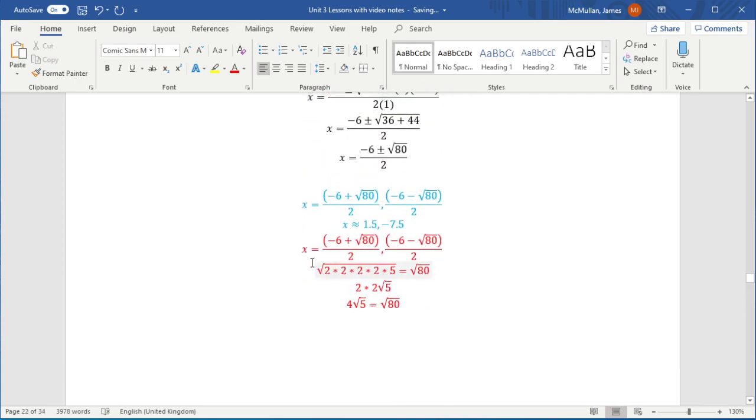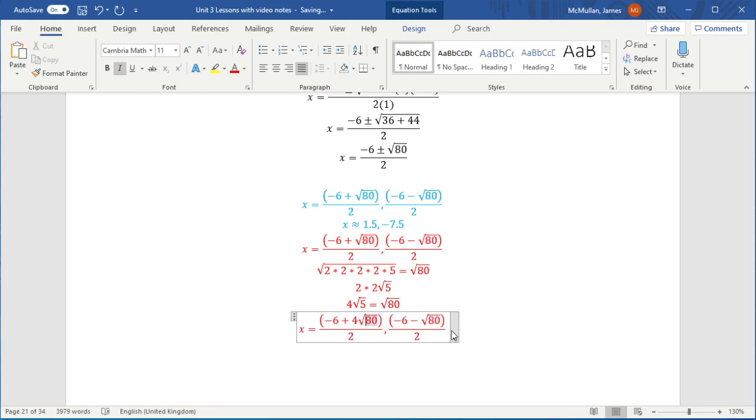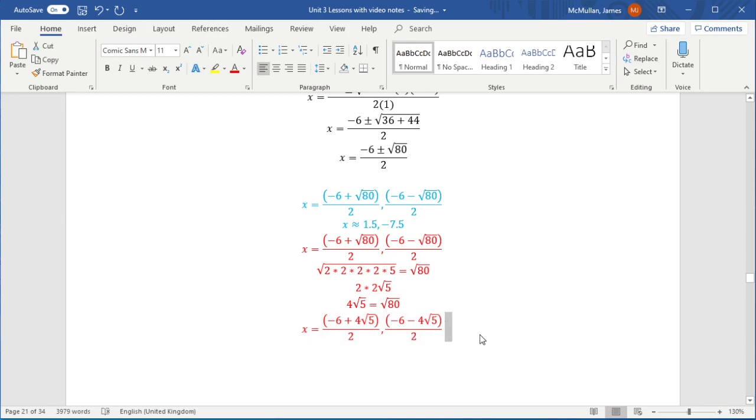So let's go back to my answer, and instead of saying root 80, I'm going to say 4 root 5. And over here, I'm going to say 4 root 5, right? So what I've done is basically replaced the root 80 with a simplified expression. Now, what this lets me do is factor 2 off of the top, right?